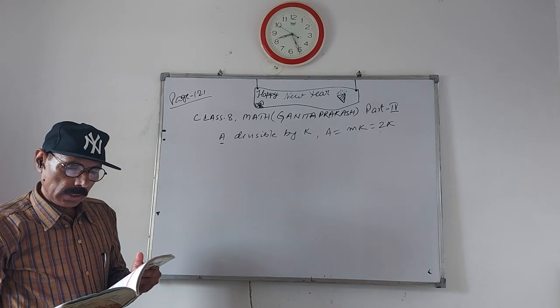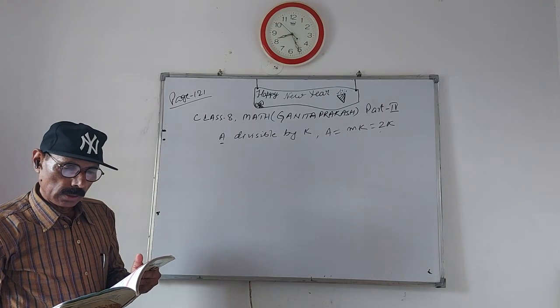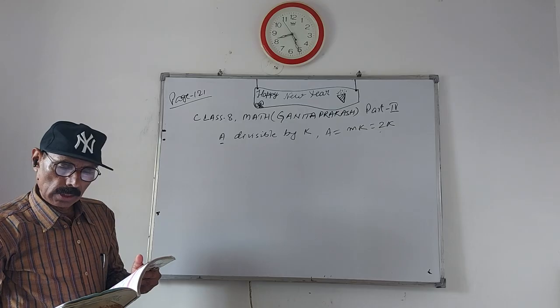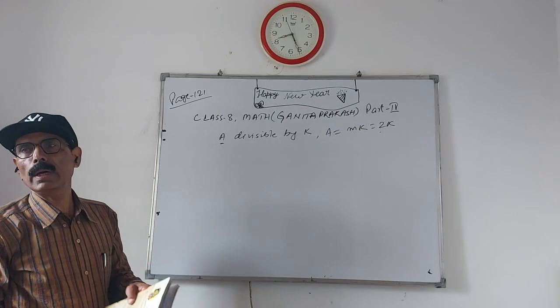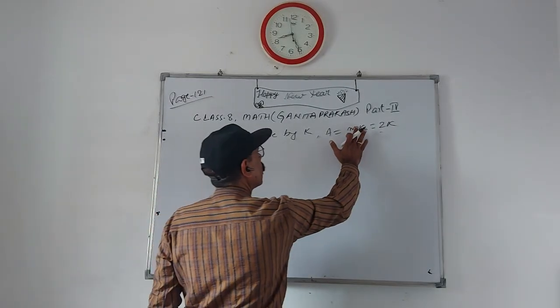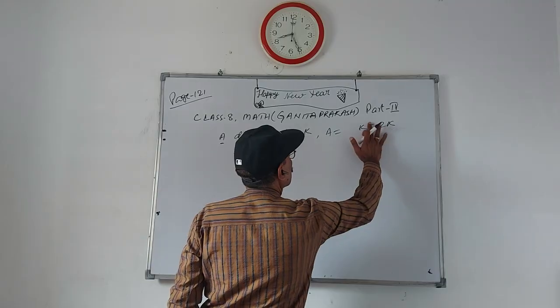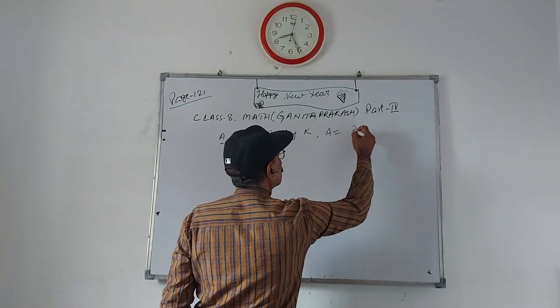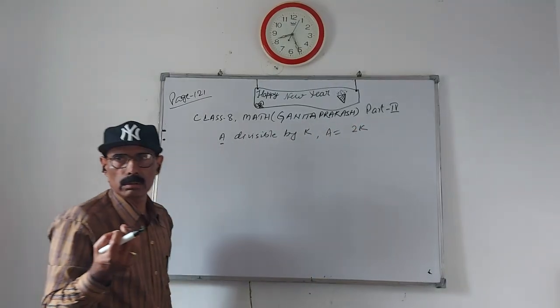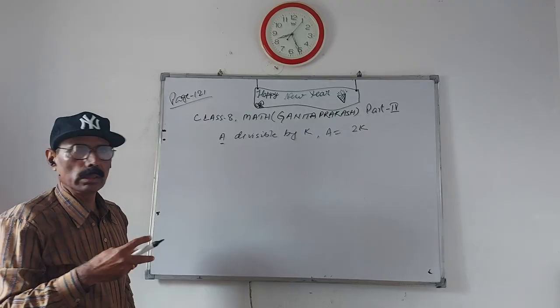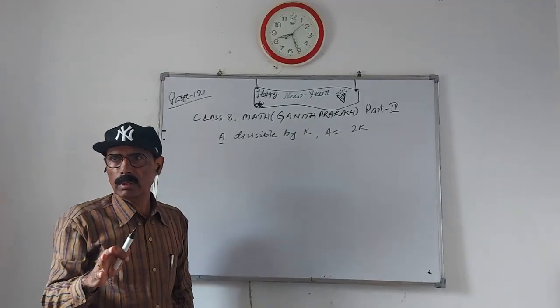Then A is divisible by K and A is also divisible by M. Here M is already introduced. A is divisible by K, I am taking a number. It is not fixed: 2, 3, 4, any number may come.